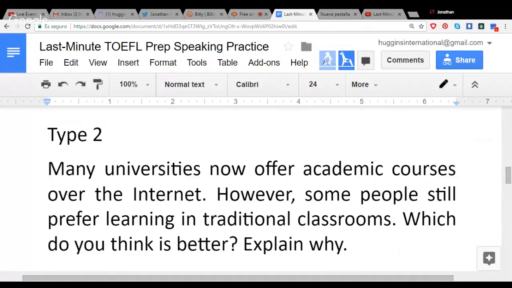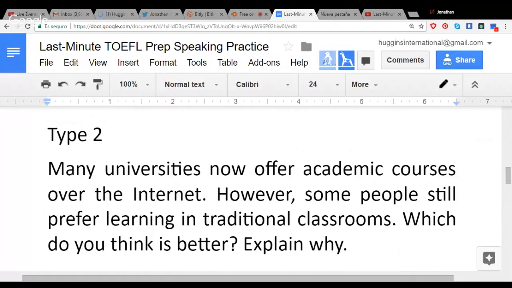This is a little easier than the type 1 question, because in type 1, you need to figure out, of these personal experiences, events, people, or objects, which one you prefer or like the most, and come up with reasons. It can be a little frustrating to pick one and then explain it. But with type 2, you just basically have two options.